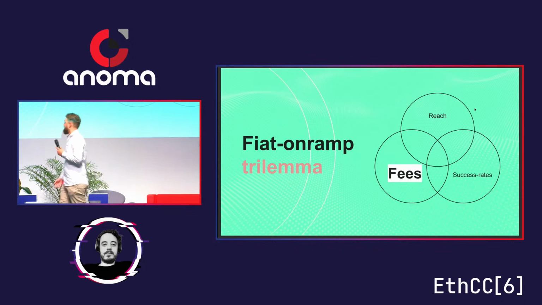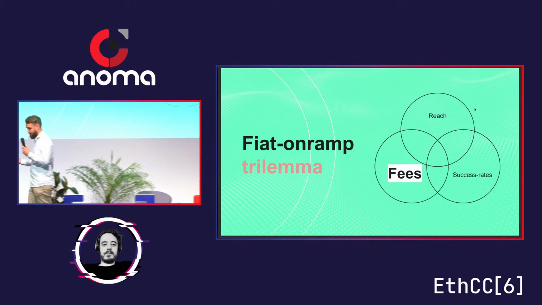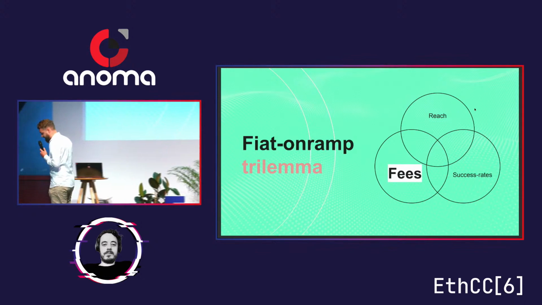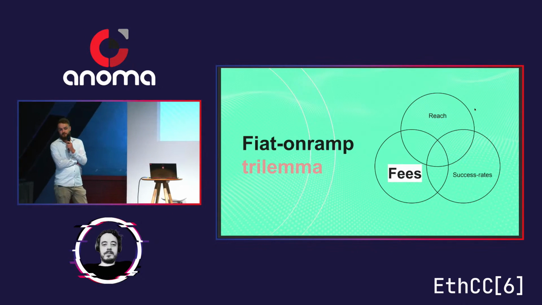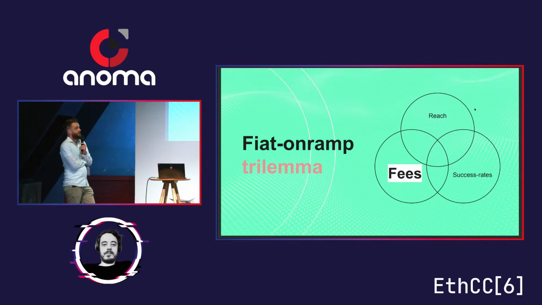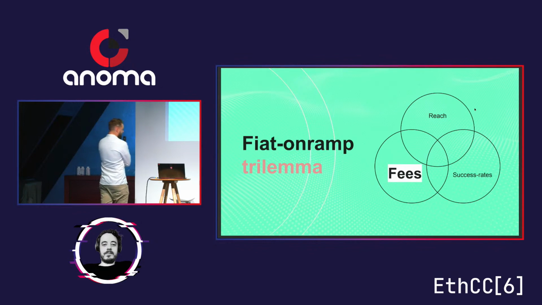So two on-ramps that both have 3% fees might give a completely different amount of crypto in the end. Which also means that the only way to compare fees honestly is comparing on-ramps based on the crypto received, right?